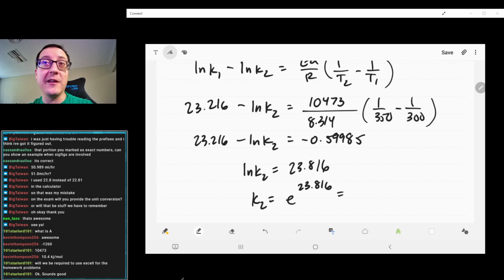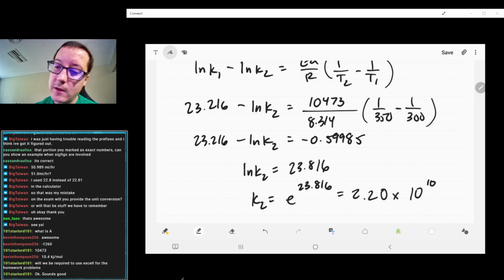This is a particularly fast reaction, it seems. e to the 23.816. Oh my gosh, we get 2.20 times 10 to the, let's see, 1, 2, 3, 4, 5, 6, 7, 8, 9, 10. 10 to the 10th. Wow, how exciting.